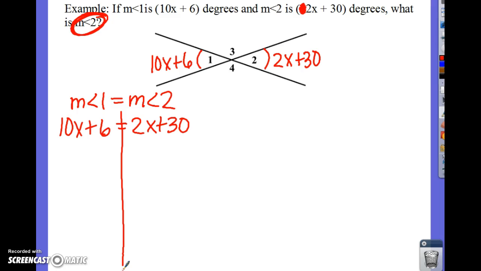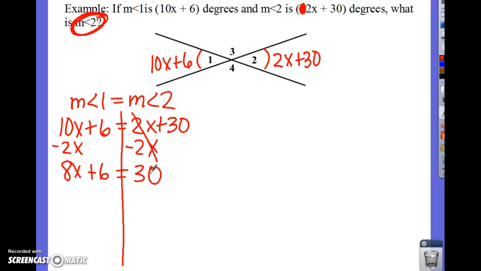So I'm going to start with the x's. The opposite of positive 2x is negative 2x, so I'm going to subtract 2x from both sides. 10x minus 2x, well, that's 8x. I still have plus 6 is equal to 2x minus 2x is 0, and then a positive 30.